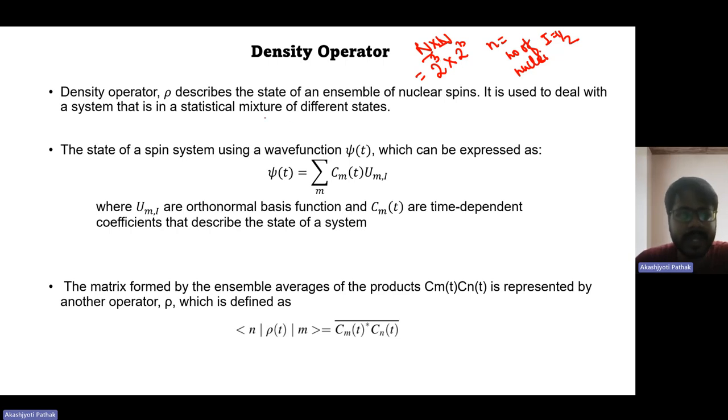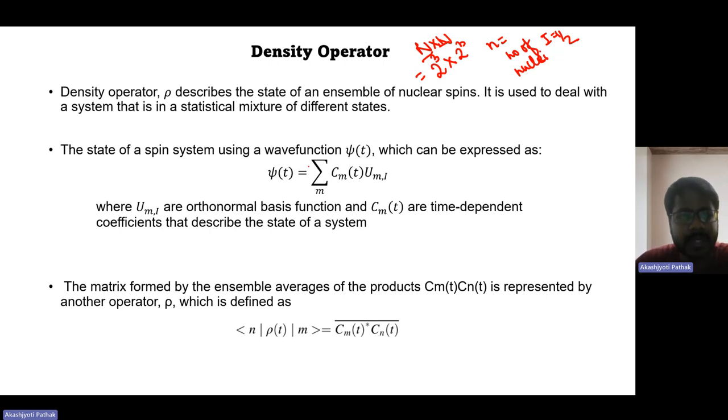This density operator describes the state of an ensemble of nuclear spins, and it is used to deal with a system that is in a statistical mixture of different states. In an ensemble of nuclear spins, different spins are in different states. If you want to deal with such a system, the density operator comes into play.